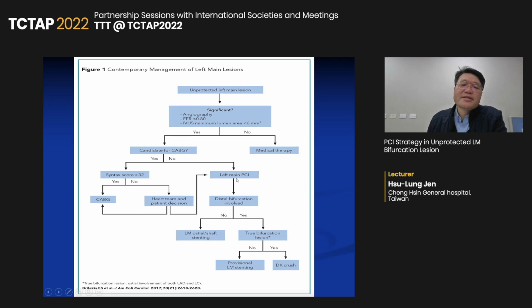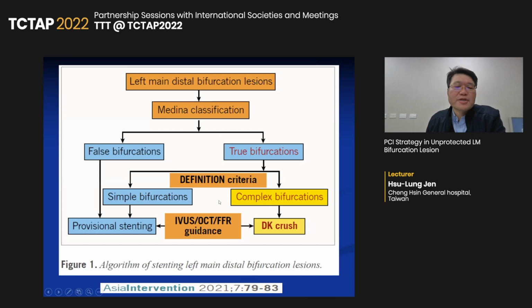For the left main bifurcation region, maybe we can follow this Asia intervention consensus published last year. For the left main distal bifurcation region, we should use the Medina classification. If the patient is 111 or 011, then this is a true bifurcation.